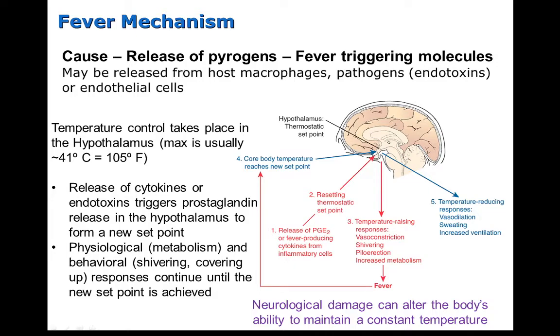These types of temperatures are called neurogenic fevers, and they're generally caused by damage to the hypothalamus. That could be from head trauma, from intracerebral bleeding, or other causes of increased intracranial pressure.